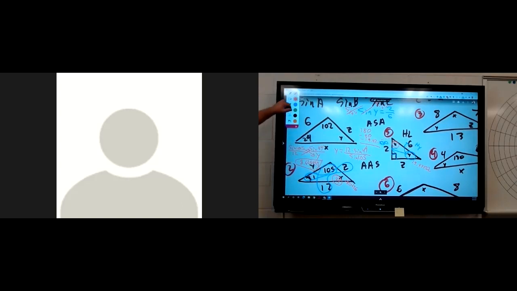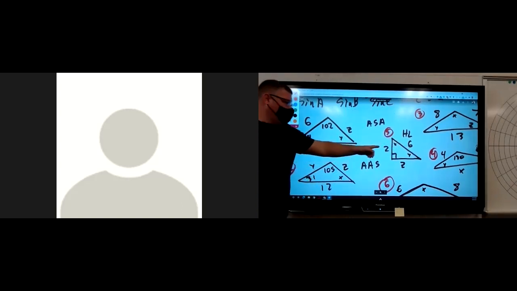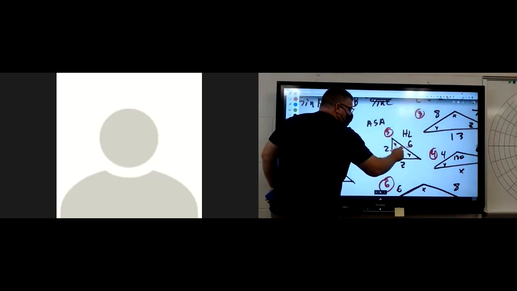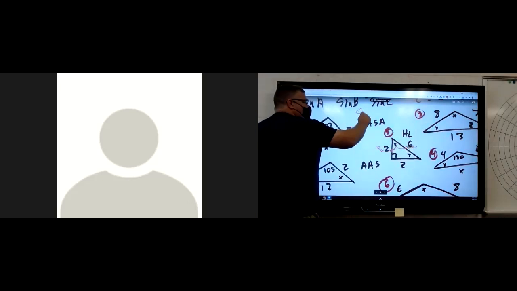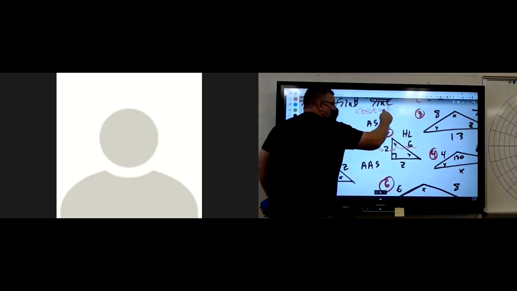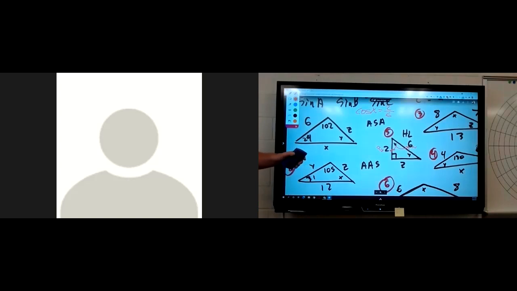Let's go a different way to find x that even if I screwed this up, would not affect that. Could we do this one and say, oh, that's adjacent and hypotenuse, and is y connected in any way to x? So even if I get one wrong, I can get the other right.